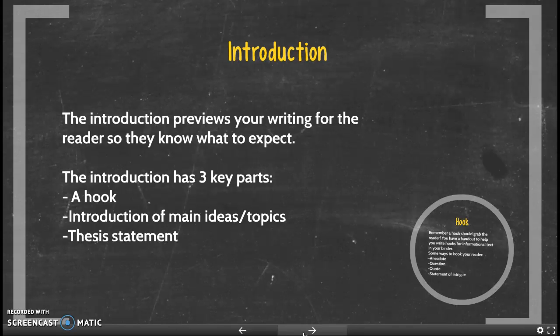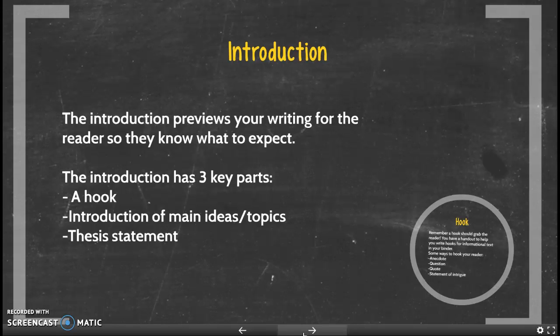So to start with the introduction, you're going to do 3 key things. You're going to have a hook, which, remember, is something to catch your audience's attention, to get us interested in your topic. It's different than a hook when you're writing fiction, like a short story.